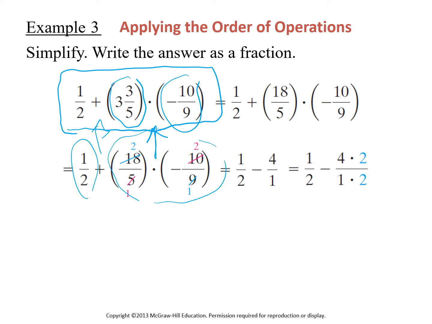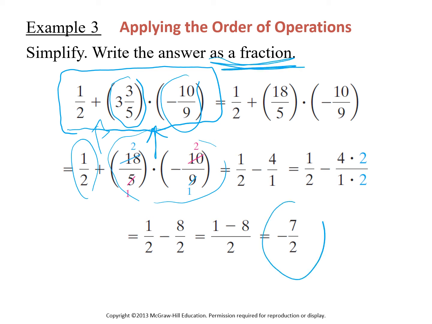I find common denominators. And so 1/2 minus 8/2 is going to be negative 7/2. And you can leave it as negative 7/2, or you can change it to negative 3.5, either way. Oh, except they said write the answer as a fraction, so we'll leave it negative 7/2.